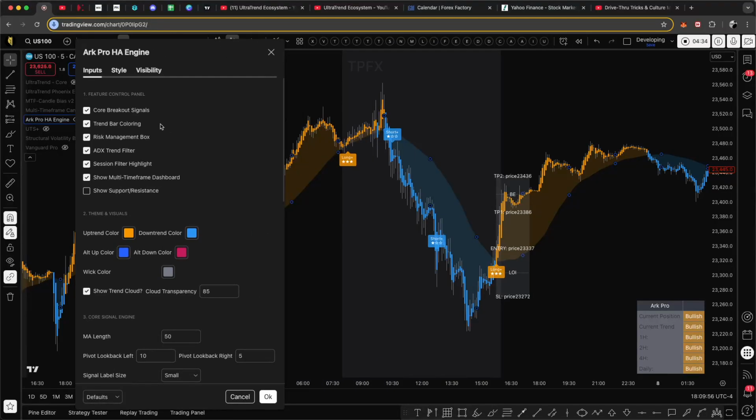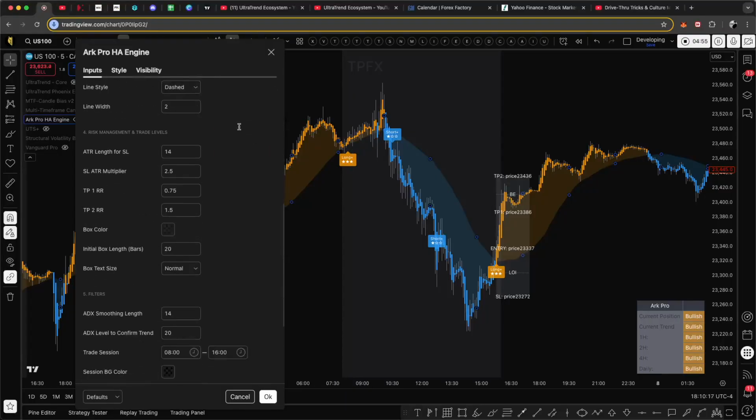However, there are a few things that I do by preference, because me and my friend created these indicators based on how we trade. I like to trade this way, what I'm going to show you right now.